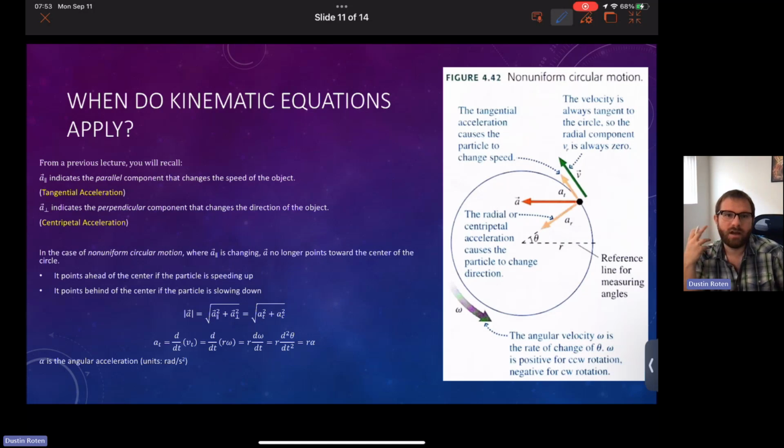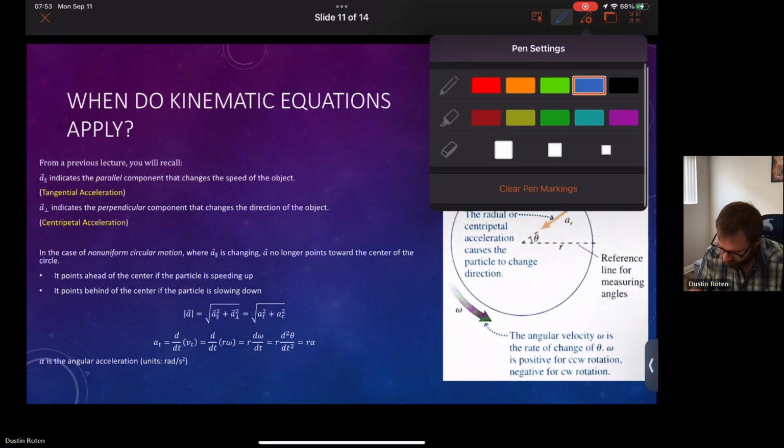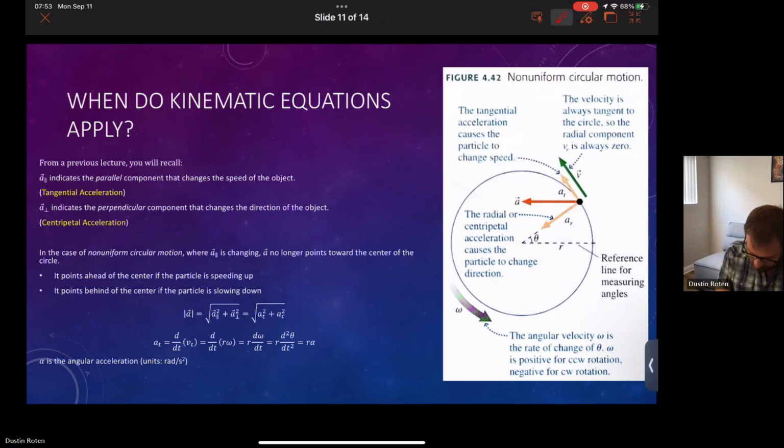So now the question is, when do kinematic equations apply? From a previous lecture, you will recall that the parallel acceleration is actually just your tangential acceleration. So we can include that over here.